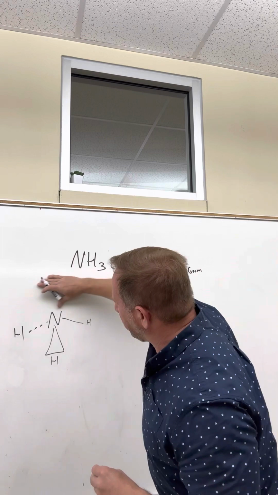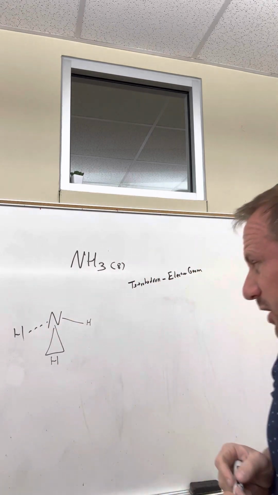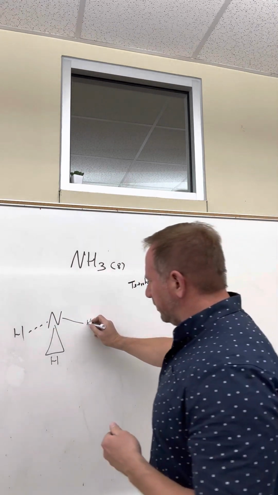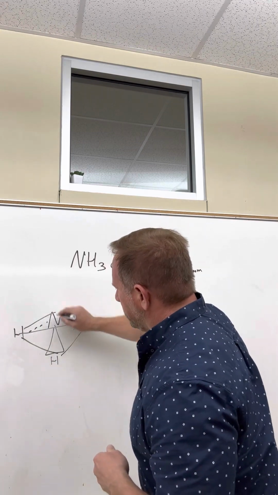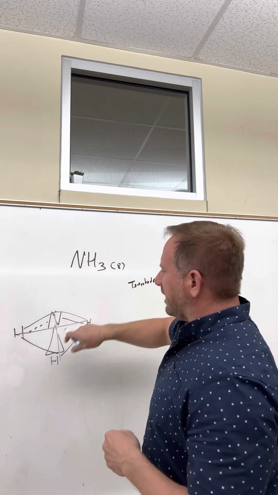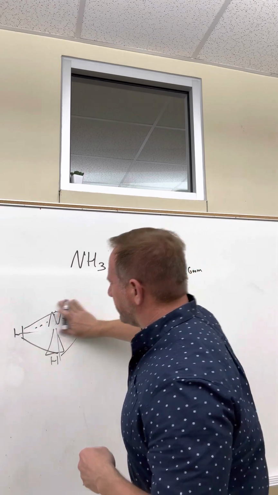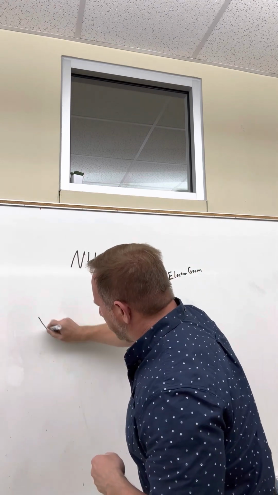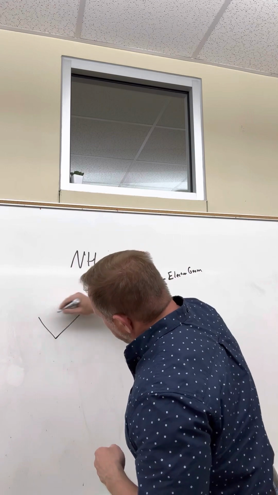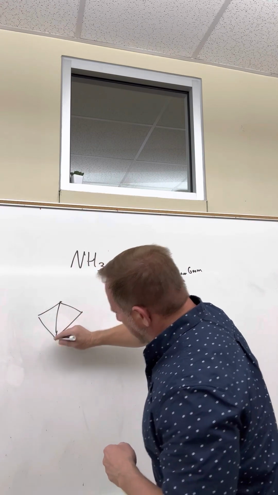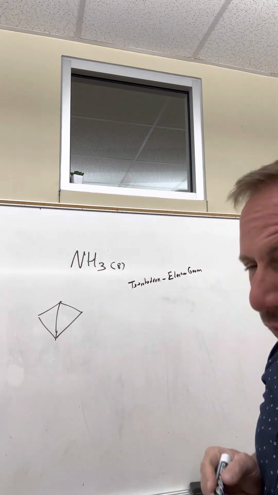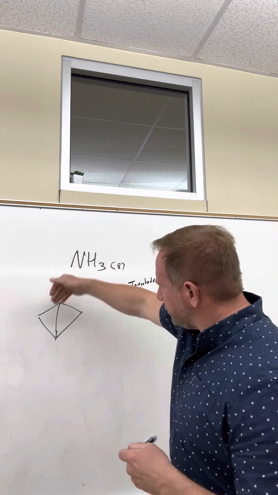But if I got rid of that guy, now what do we see? It looks like a 3-sided pyramid. Kind of hard to see, but imagine you have one panel in the back. That's a 3-sided pyramid, 1, 2, 3.